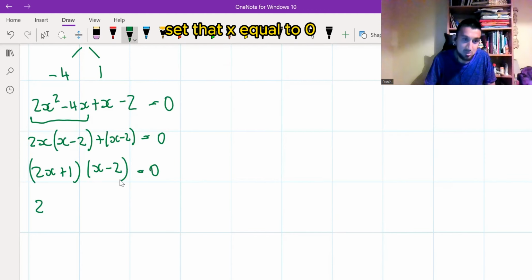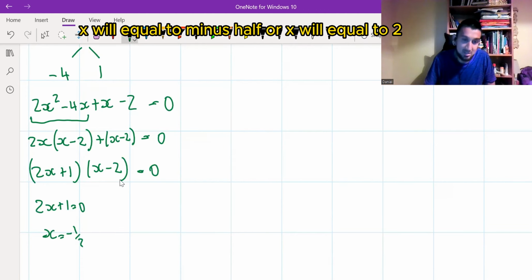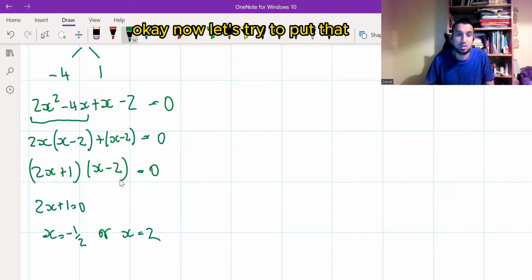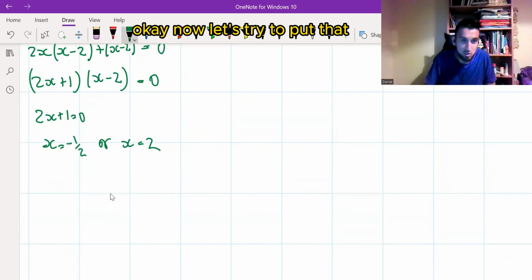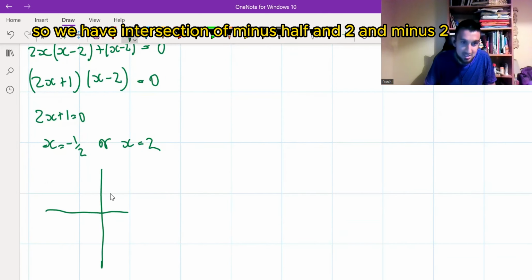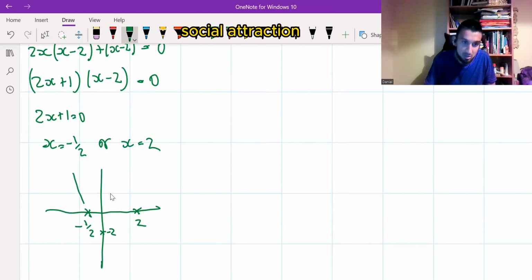Set that first bit equal to 0. 2x plus 1 equals 0. x will equal minus half, or x will equal 2. Okay. Now let's try to plot that. So we have intersections at minus half and 2, and minus 2. So it's a reflection of the other one, isn't it?